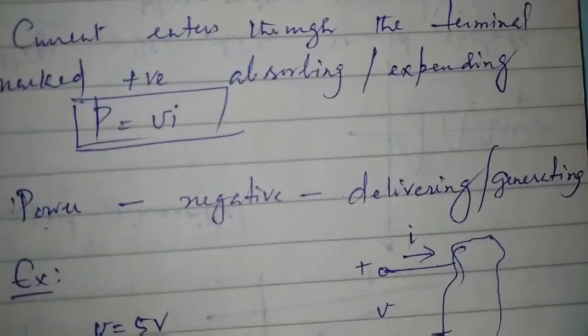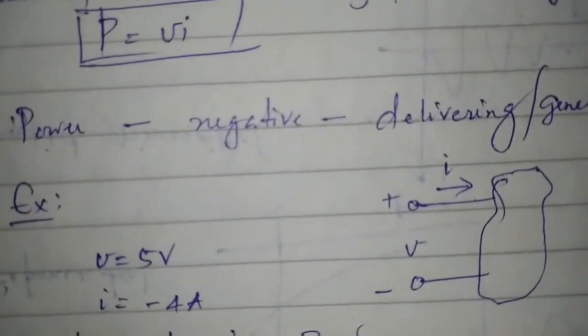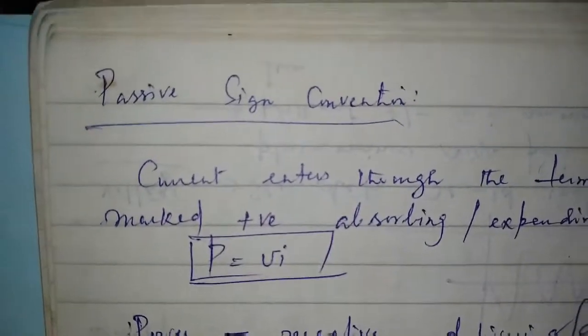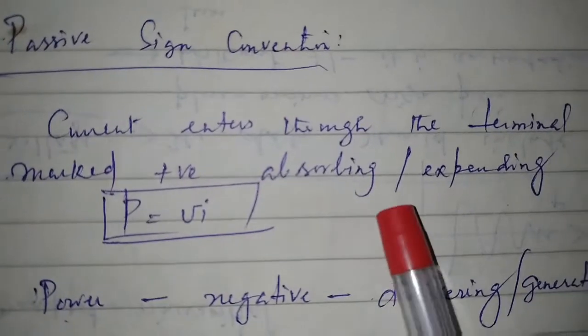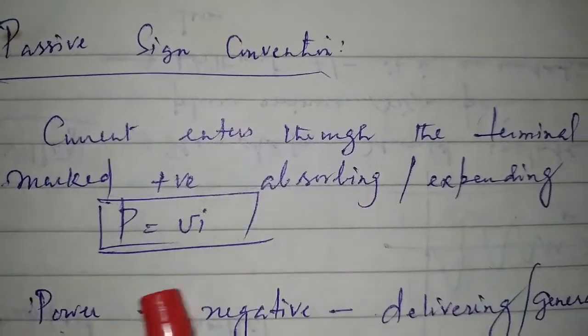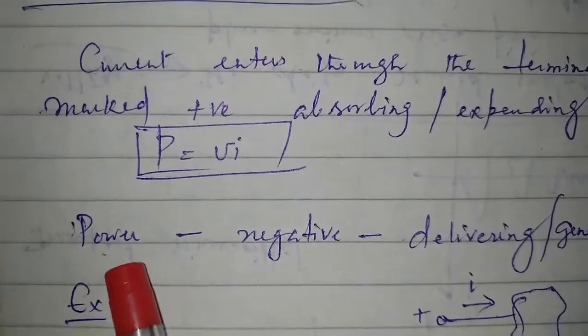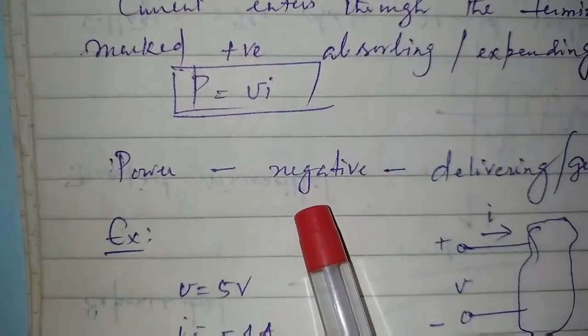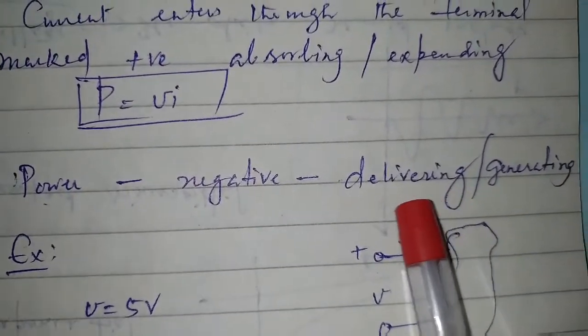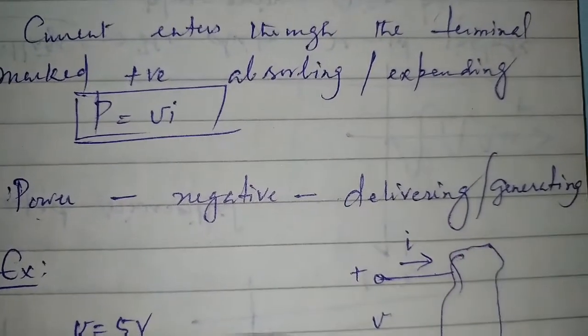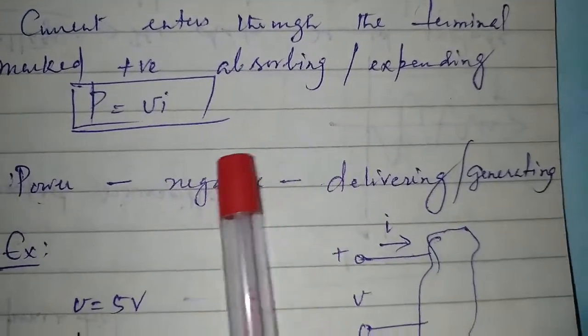Regarding passive sign convention, if current enters through the terminal marked positive, power is being absorbed or expended, P equal to Vi. If power is negative, that element is delivering, generating that much power.